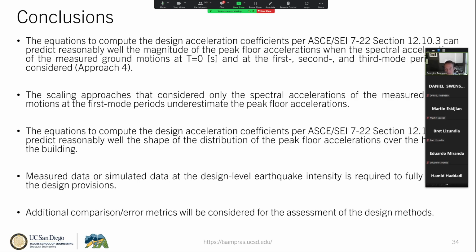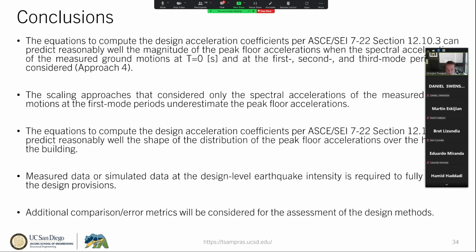Now, the scaling approaches that consider only spectral accelerations of measured motions at first mode period underestimate the peak floor accelerations. The equations that we use to compute these design acceleration coefficients do predict reasonably well the distribution of the peak floor accelerations with any approach that we used.